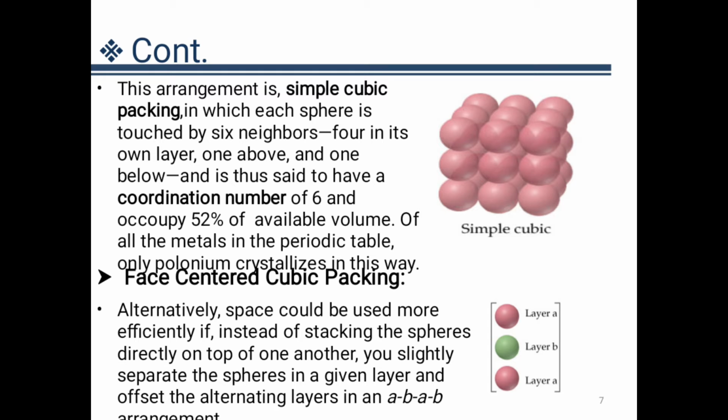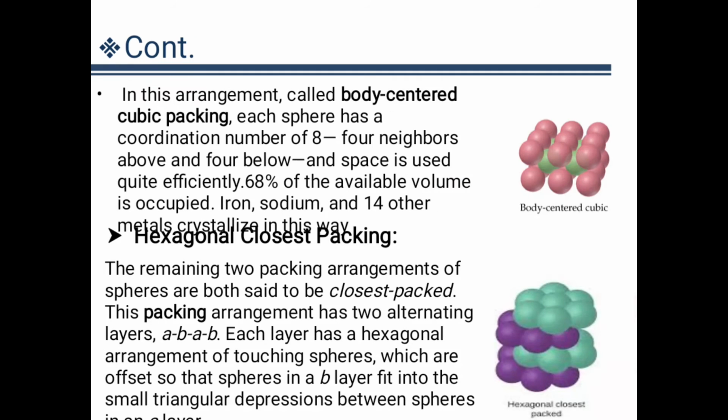Second is body center cubic packing. Alternatively, space could be used more efficiently if, instead of stacking the spheres directly on top of one another, you slightly separate the spheres in a given layer and offset the alternating layers in an AB, AB layer pattern. Here the slide shows the colors of layer A and layer B. In this arrangement, called body center cubic packing, each sphere has a coordination number of 8, with 4 neighbors above and 4 below, and space is used quite efficiently. 68% of the volume is occupied.